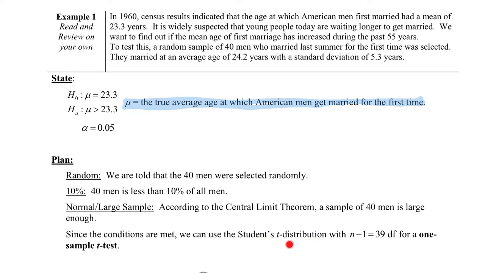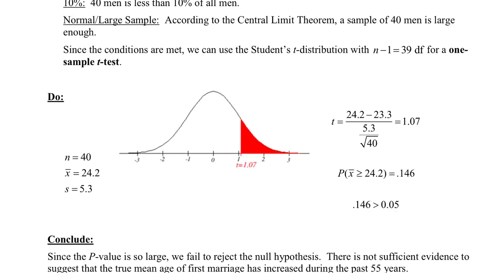So notice this one says t-distribution, not the normal distribution, and that's because we don't know our population standard deviation, so we have degrees of freedom. You don't have to mention degrees of freedom here. You can mention it in the do, but it has to be written down somewhere. And we'll proceed with a one sample t-test.